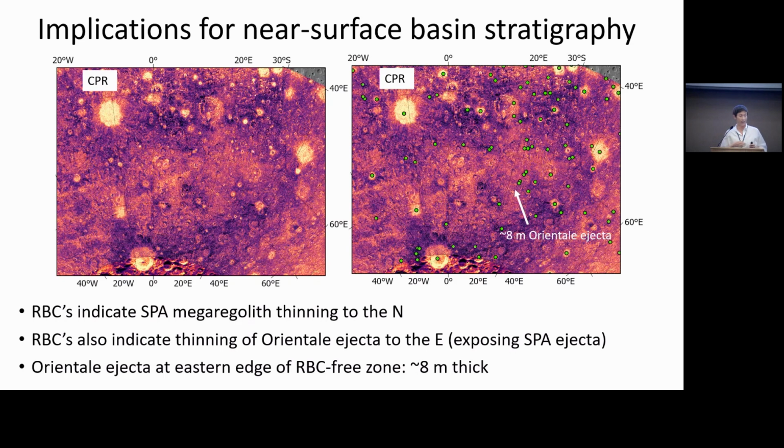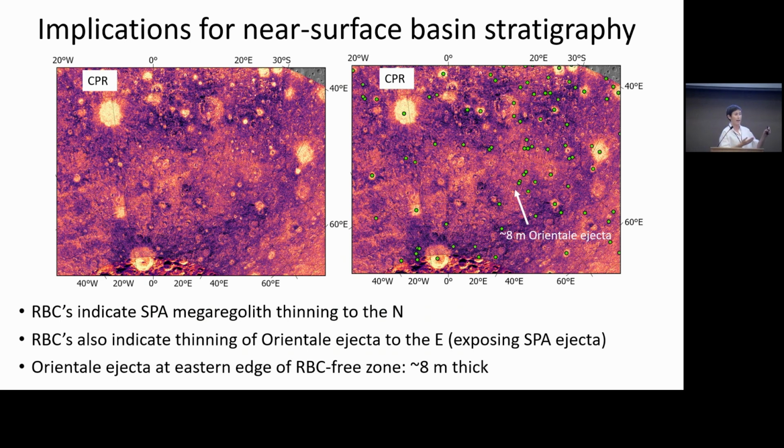So what this indicates, if you put all this together, is that the radar bright crater distribution does indicate that the megaregolith, arguably from SPA, is thinning towards the north. But what we can see here is that the distribution of the radar bright craters is not one-to-one in our putative Oriental ejecta concentration here. You have a few radar bright craters in the eastern portion of this radar bright area.